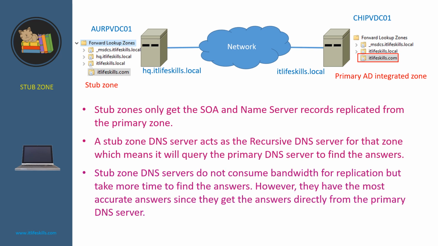Stub zone DNS servers do not consume bandwidth for replication, but take more time to find the answers. However, they have the most accurate answers since they get the answers directly from the primary DNS server.